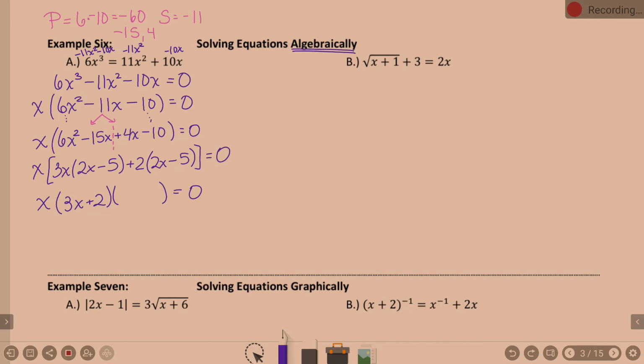The other parenthesis comes from the matching parentheses of 2x minus 5. These are all skills we know, right? Okay, what's next?